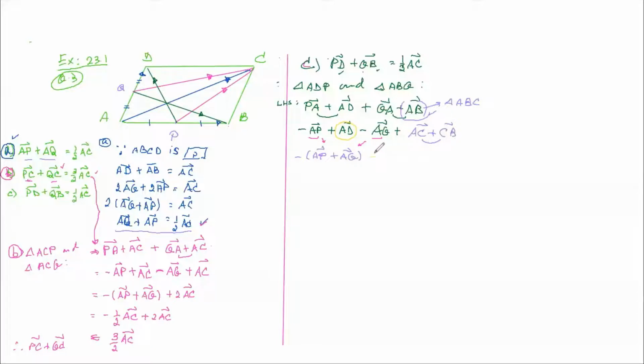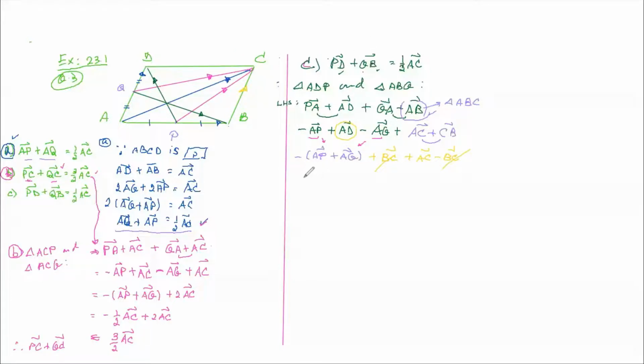So I write plus BC, plus AC. I keep AC. Then CB, but we have the direction BC, so it becomes negative BC. So plus BC minus BC, this one is gone.